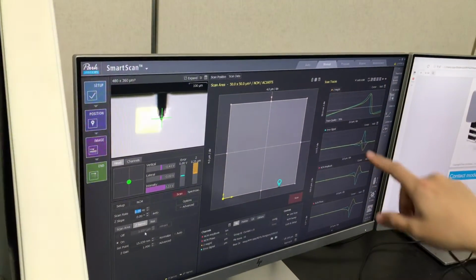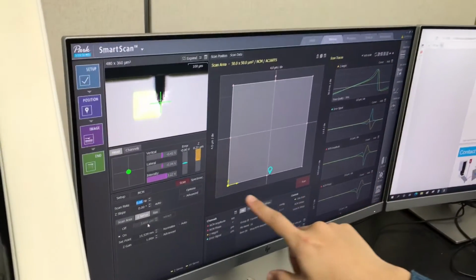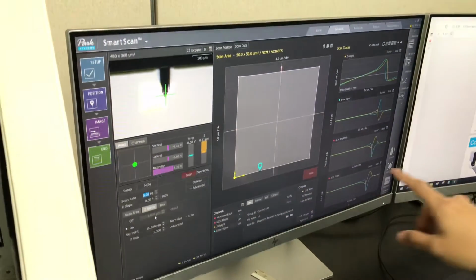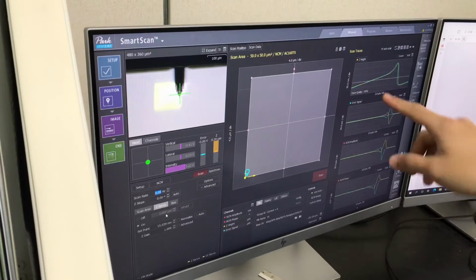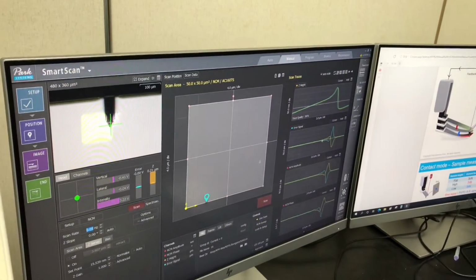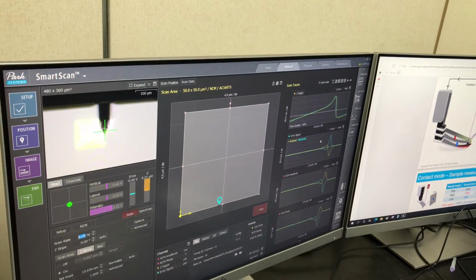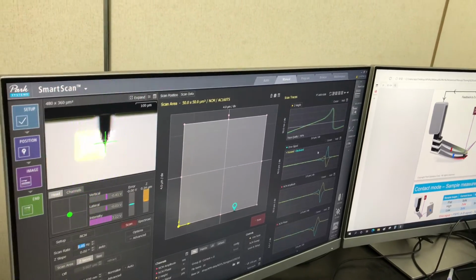You can check trace quality from one side of the scan, here side to here side to here side. Oh, now it's 96%. It's a very good trace.